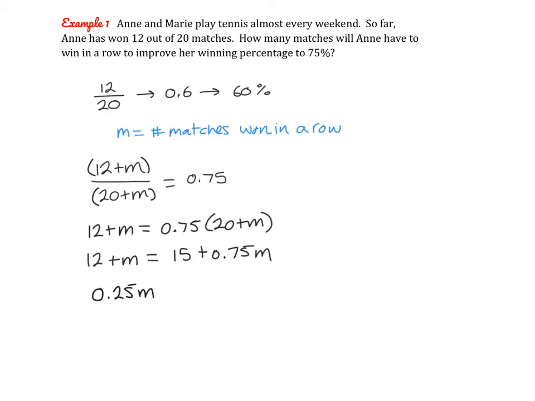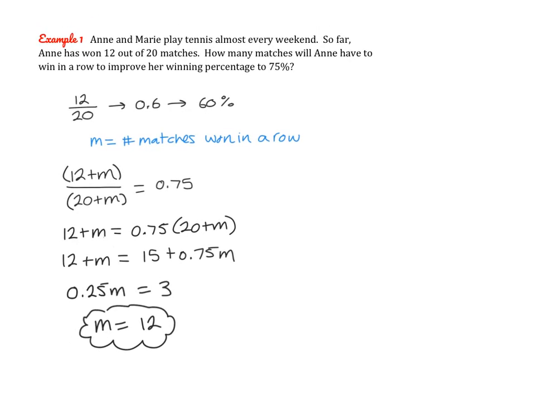And then I'll subtract 12 to the other side, so it equals 3. And then if you divide both sides by 0.25, you get M equals 12. So she would need to win 12 matches in a row to increase her winning percentage to 75%.